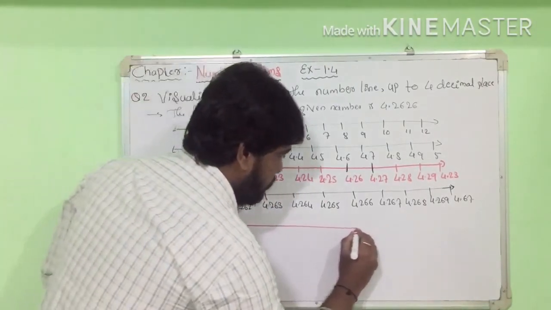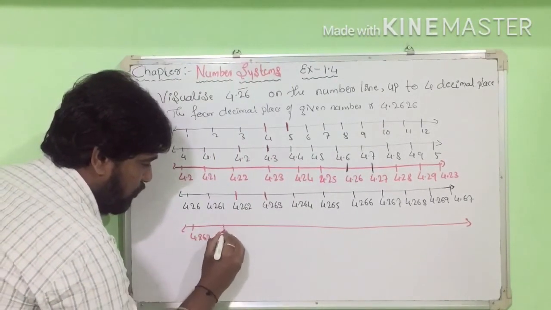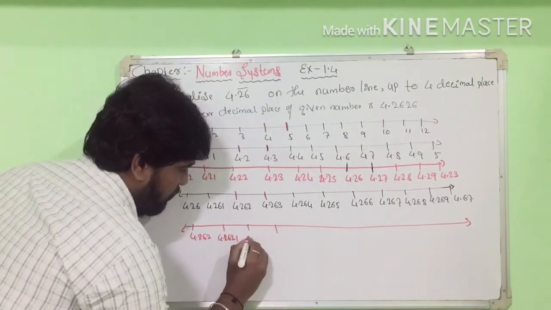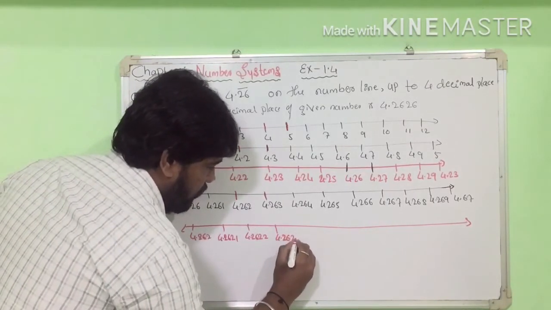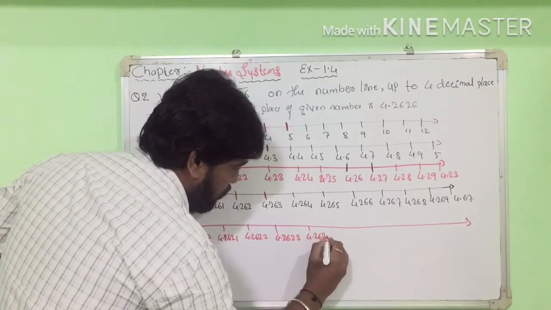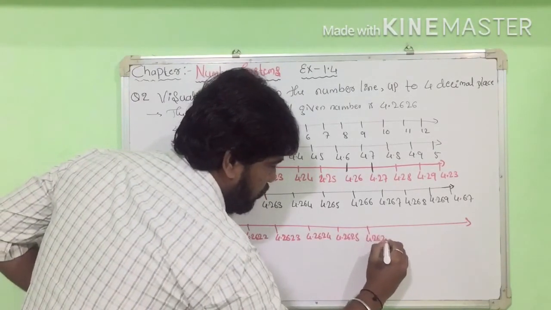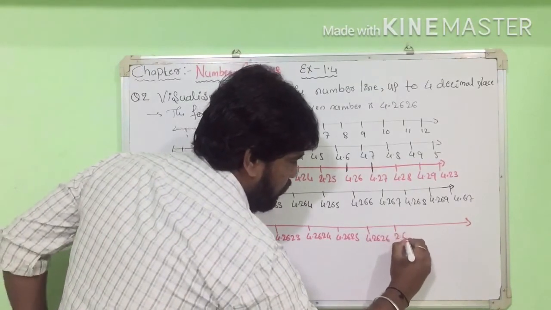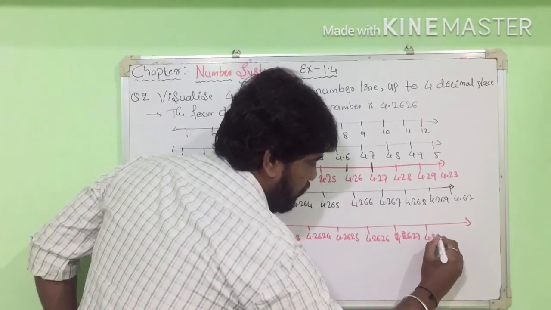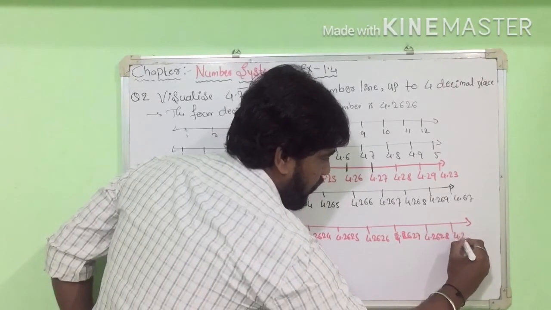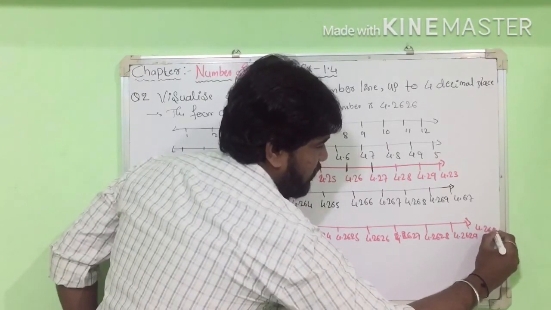So I will make here 4.262, 4.2621, 4.2622, 4.2623, 4.2624, 4.2625, 4.2626, 4.2627, 4.2628, 4.2629, 4.263, right?